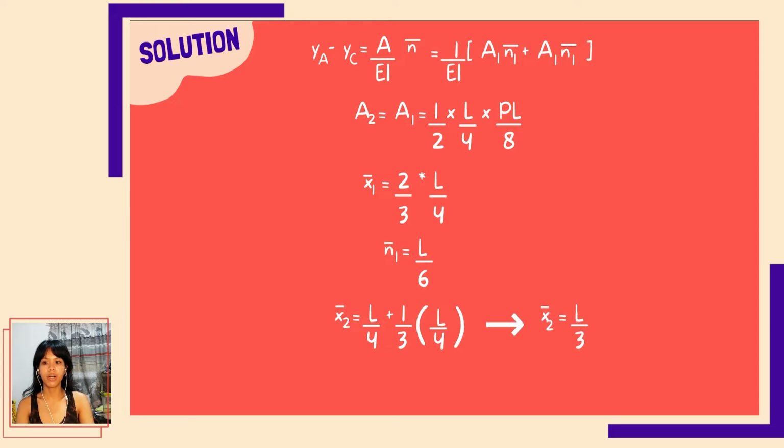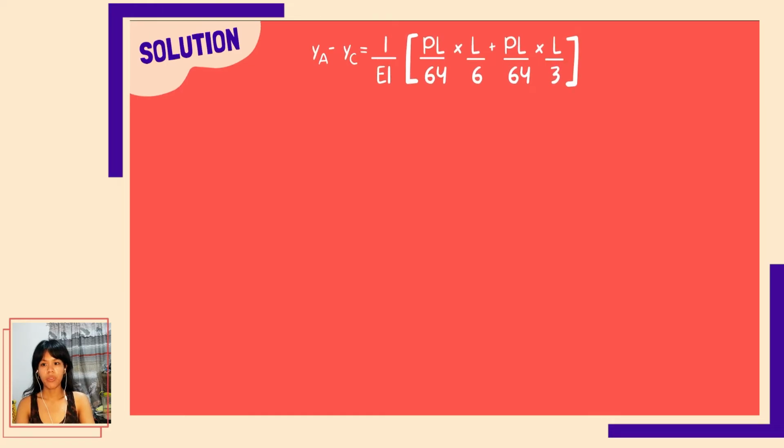Using these values, we plug them into the first equation. So yA minus yC is equal to 1 over EI multiplied by the quantity PL over 64 times L over 6 plus PL over 64 times L over 3. Note that I plugged in the values from the previous slide.